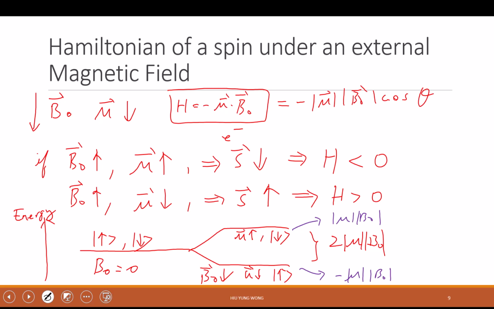The whole system is at the 0 state. When it is pointing up, when it is the up state, and we apply the magnetic field, the energy becomes negative mu B0. When it is pointing down, the energy becomes mu B0. So that is the energy that this whole system has for these two states.